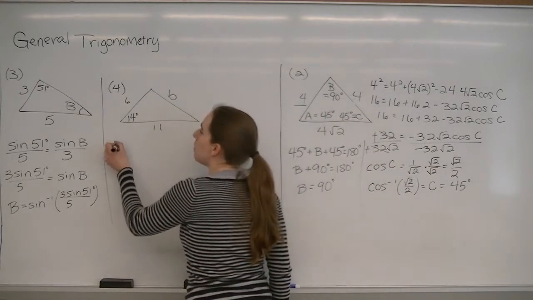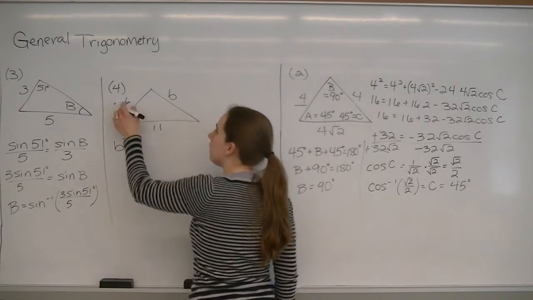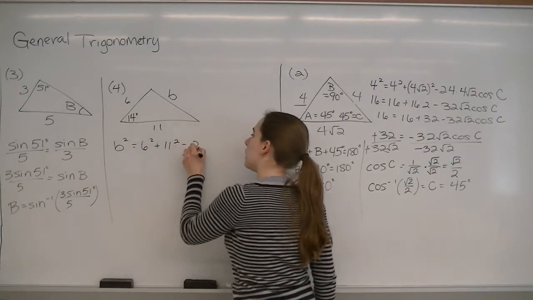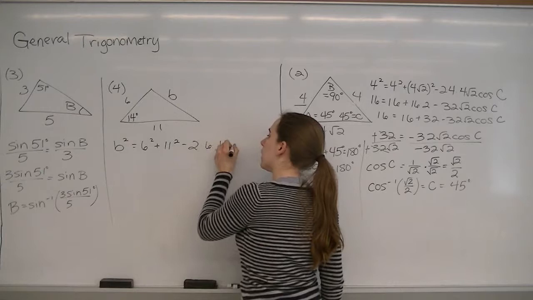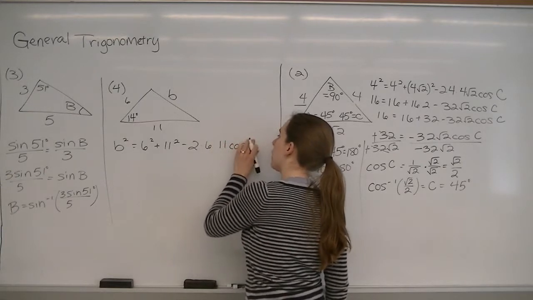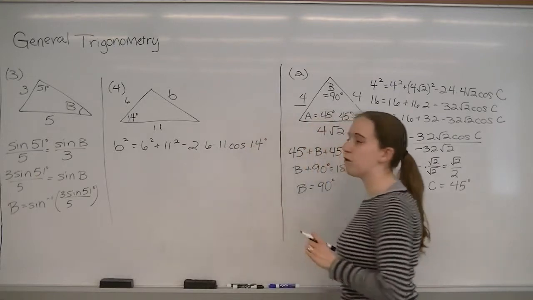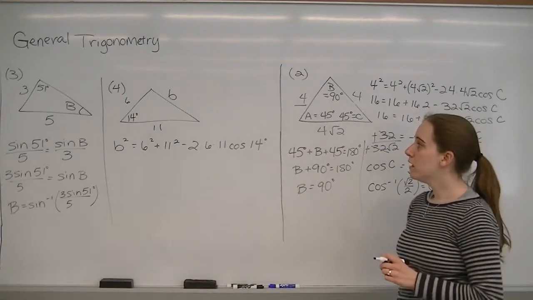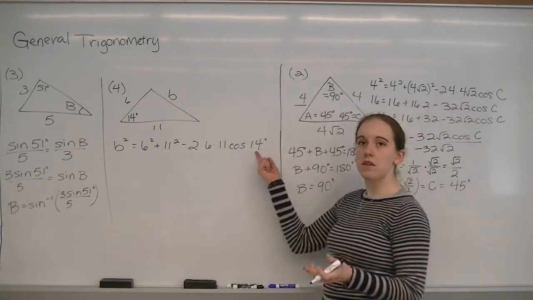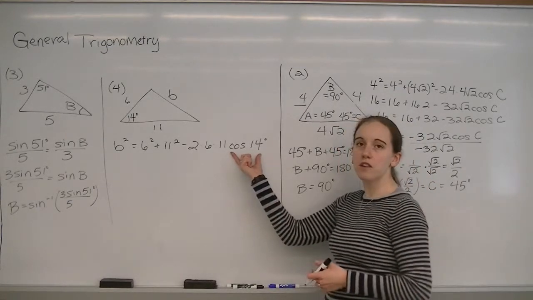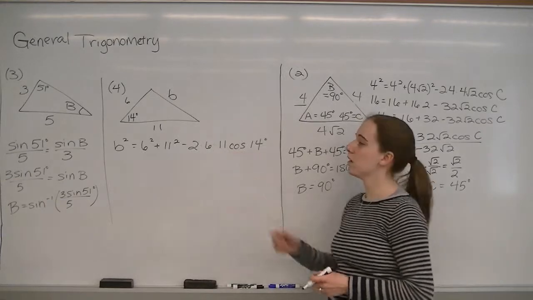So if I set it up, b squared is equal to 6 squared plus 11 squared minus 2 times 6 times 11 times cosine of the angle opposite the side we're working with, so 14 degrees. So 14 is not one of our special angles, so just like sine of 51 degrees, cosine of 14 degrees is probably going to show up in our answer somewhere.